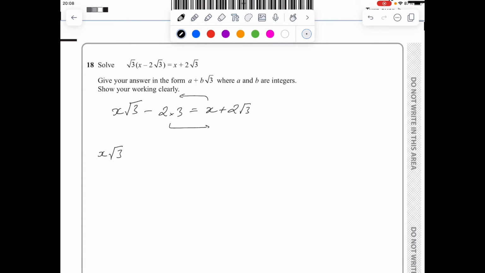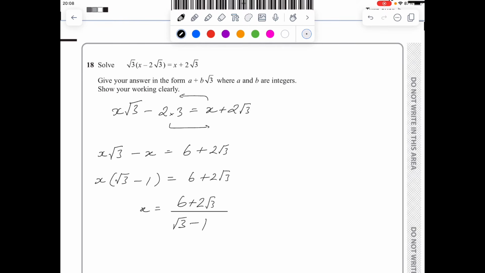So x square root of 3 minus x equals 6 plus 2 root 3. I'll factorize the x on the left hand side, so x times square root of 3 minus 1 equals 6 plus 2 square root of 3. So x equals 6 plus 2 root 3 over square root of 3 minus 1.